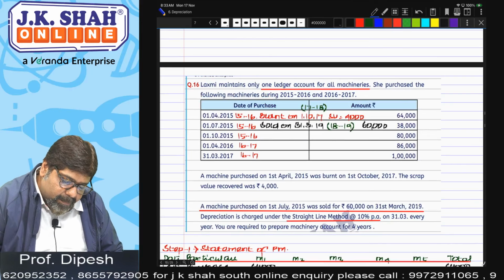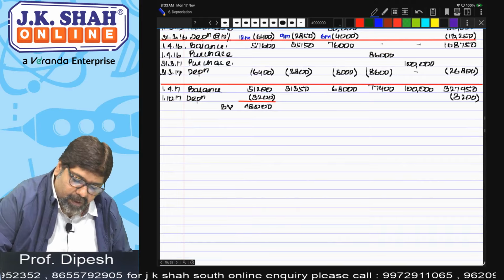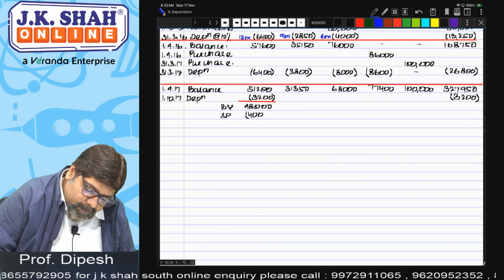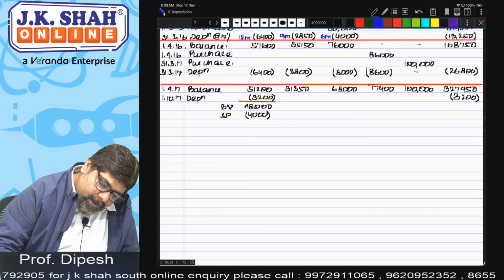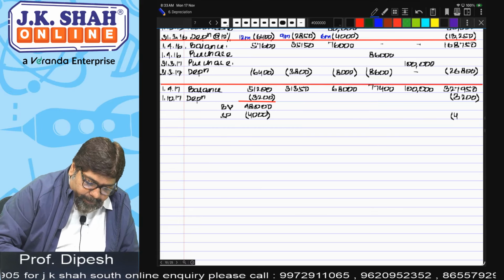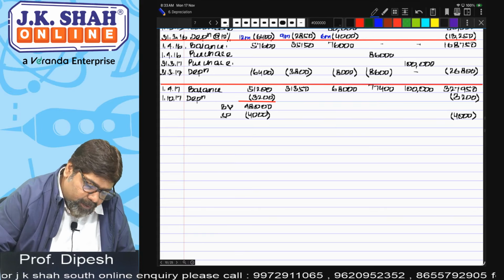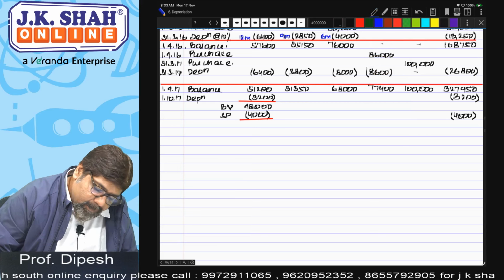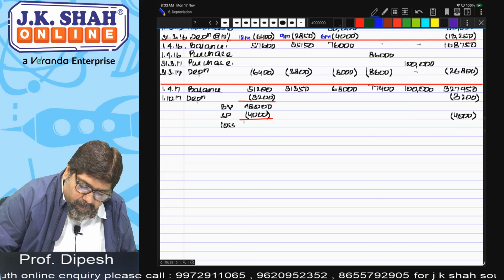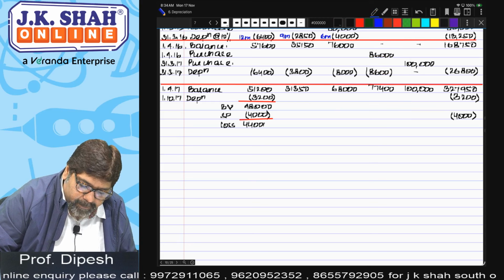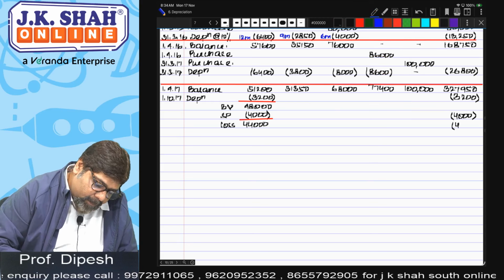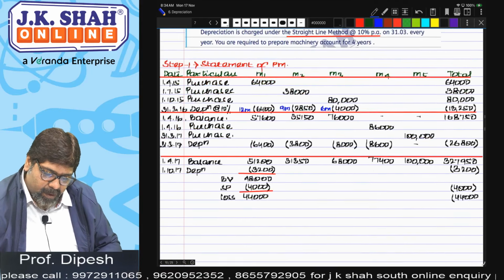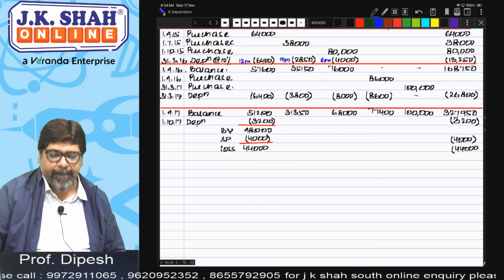The asset has got burnt, so you got only 4,000 as selling price. You subtract the selling price, so there is a loss of 44,000. Correct?